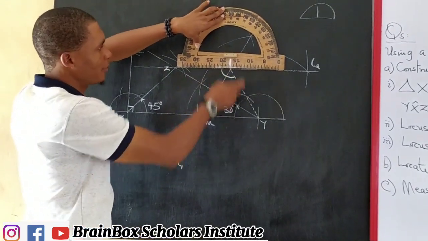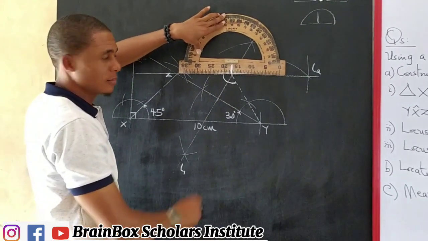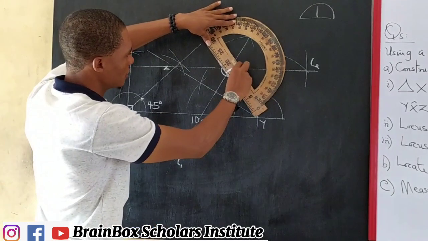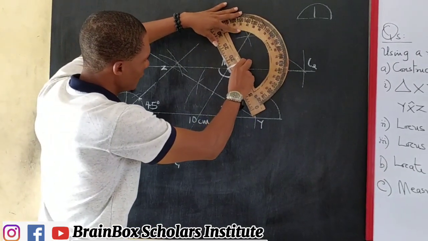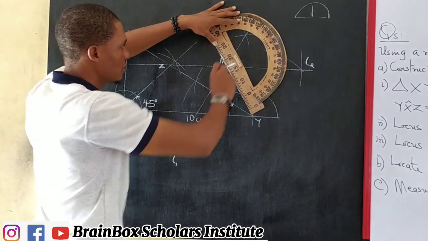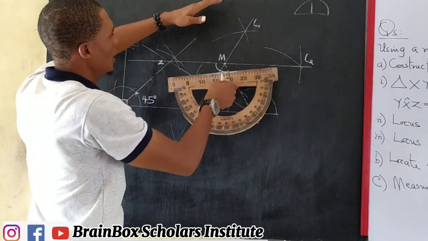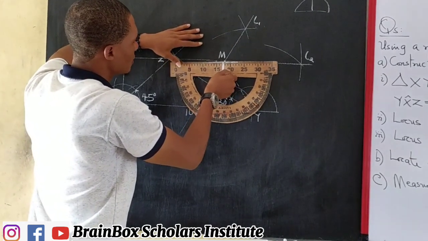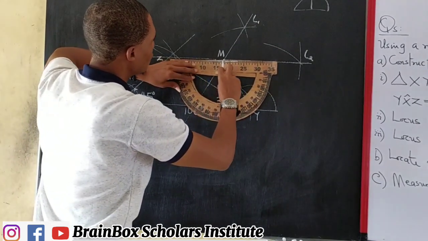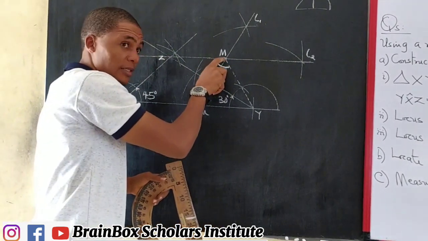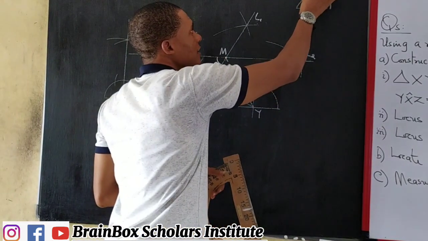Now you see that they are outside the protractor. If I go this way, outside the protractor, watch it. Then, if I place it this way, it's inside the protractor. You see it now? So make sure that this point M is inside this hole.